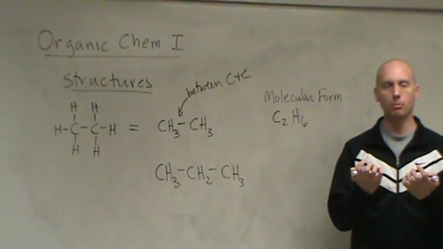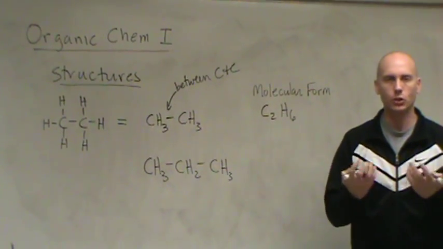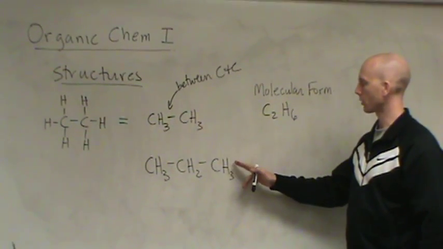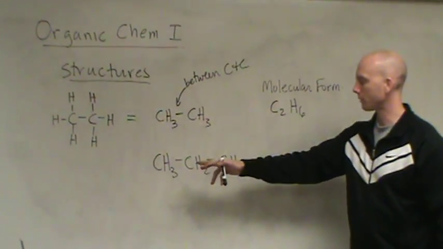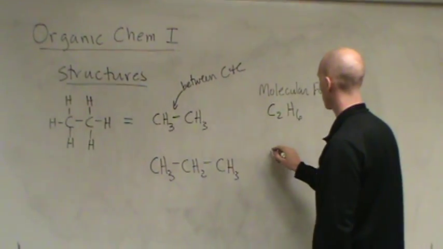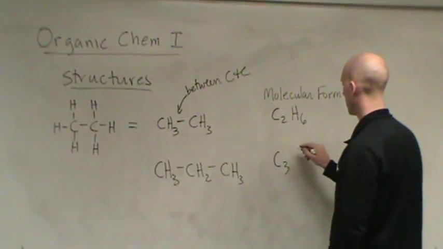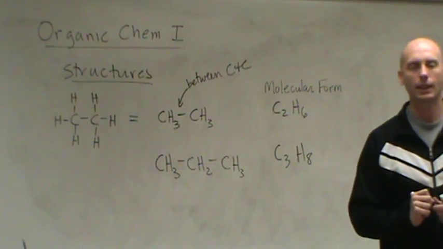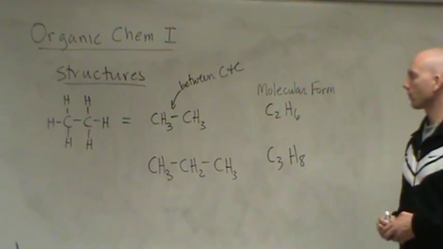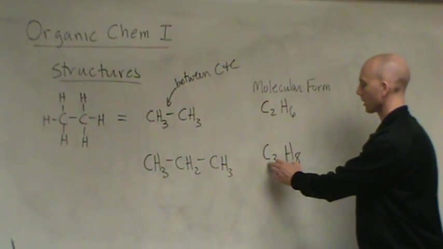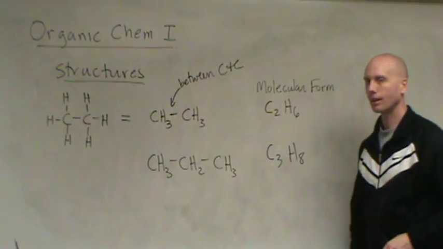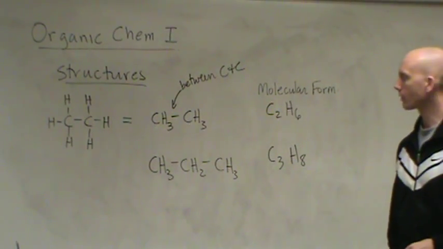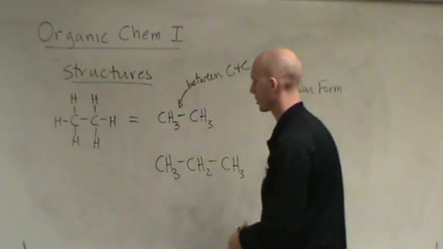All it's concerned about is how many pieces are in that structure. So if we were to write the molecular formula for this, what would we have? 3 carbons and 8 hydrogens. So that would be C3H8. Make a note of it too, that we always put carbon first and then hydrogen, okay? Let's look at another structure.